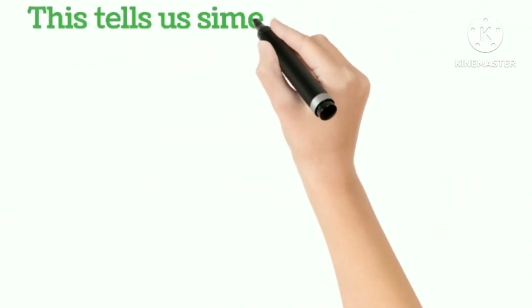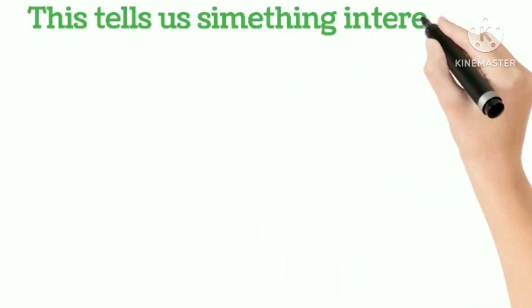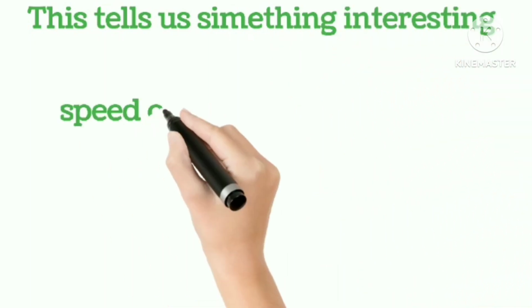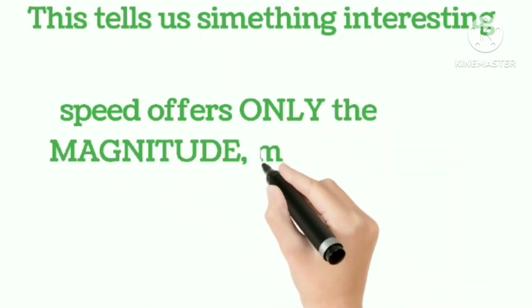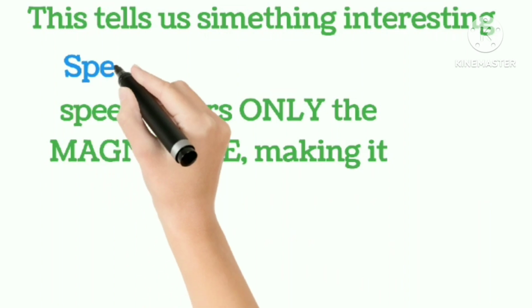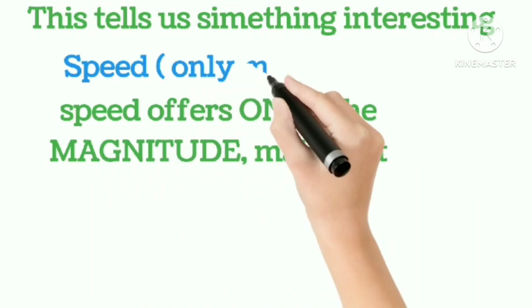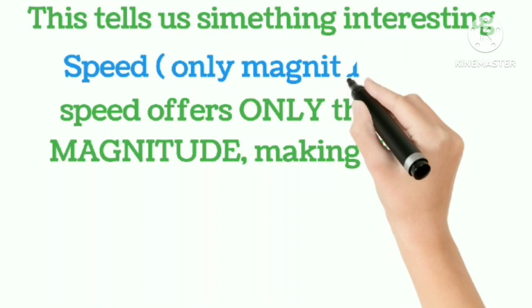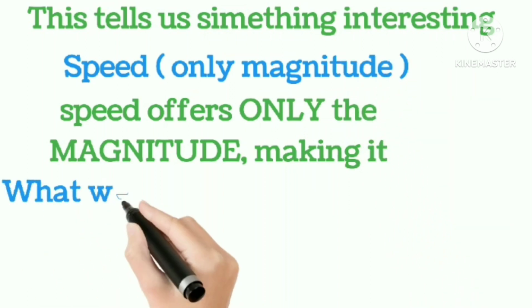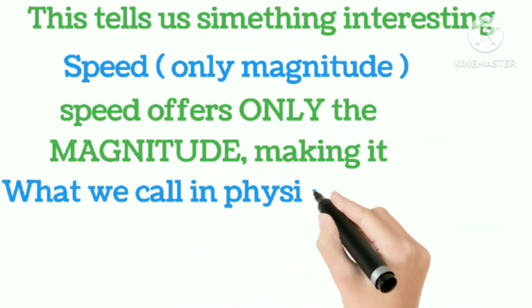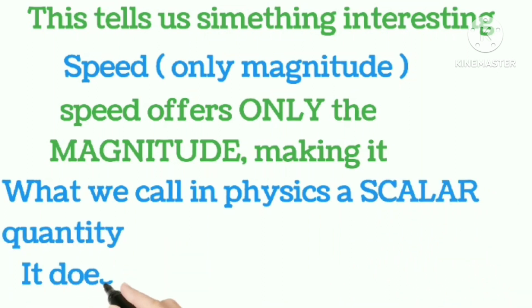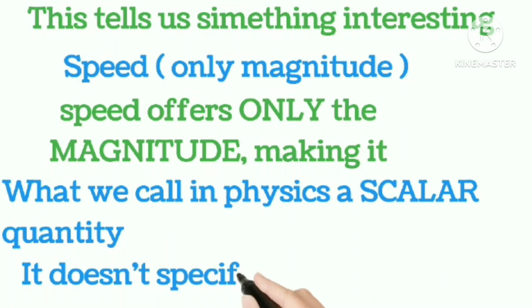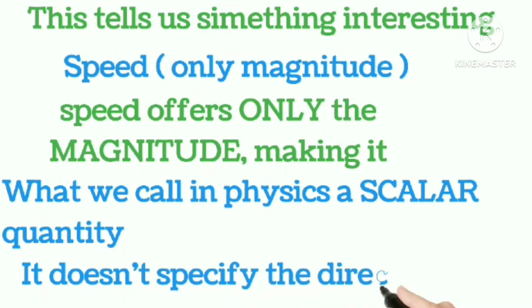This tells us something interesting. Speed offers only the magnitude, only magnitude. What we call in physics a scalar quantity, it does not specify the direction.